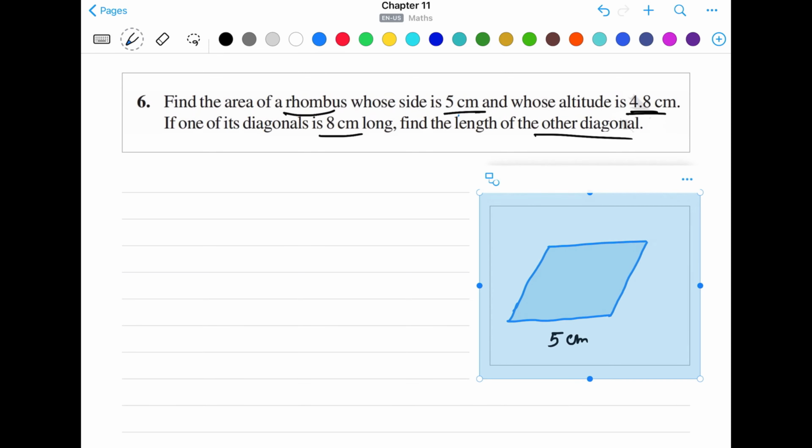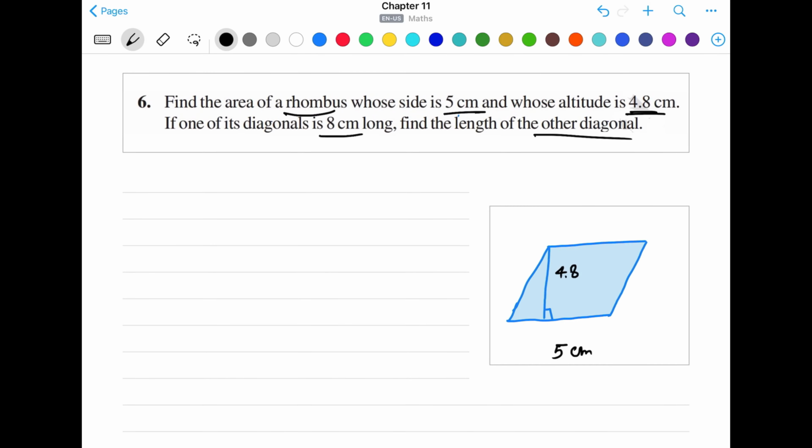Okay. So let's draw its altitude, which is the perpendicular height, which is given as 4.8 centimeter. Okay, and also we are given that one of the diagonals is 8 centimeter long. That means we are given one diagonal which is 8 centimeter long.